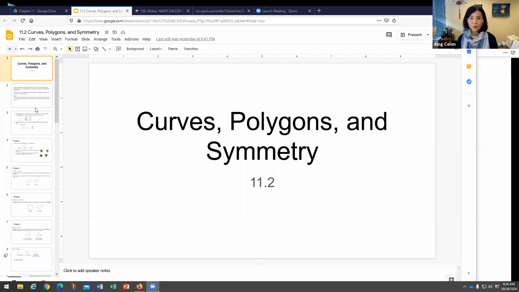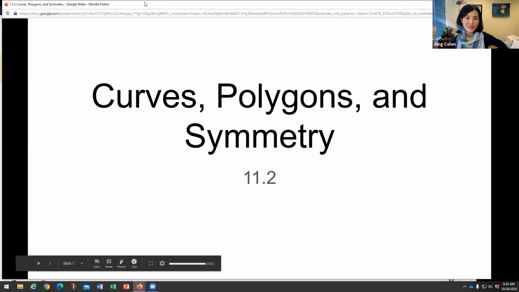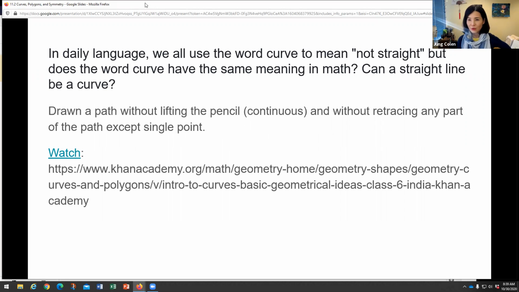Okay, so we are talking about curves, polygons, and symmetry in section 2. First one is the curves. In real life, when we're talking about curves, we think of something curved, not straight lines, right? But in mathematics, we include all of that, like a straight line, or even the curve that you're thinking about too.